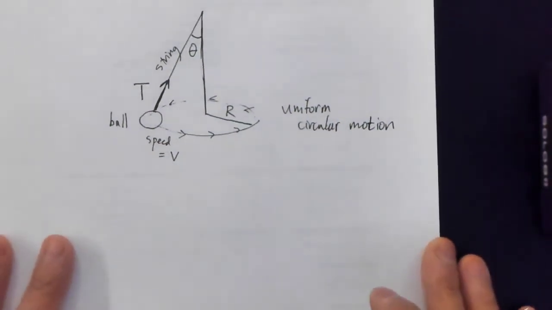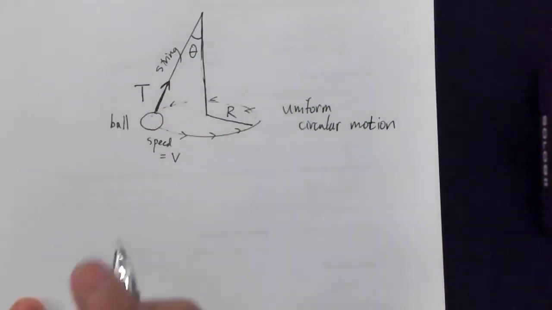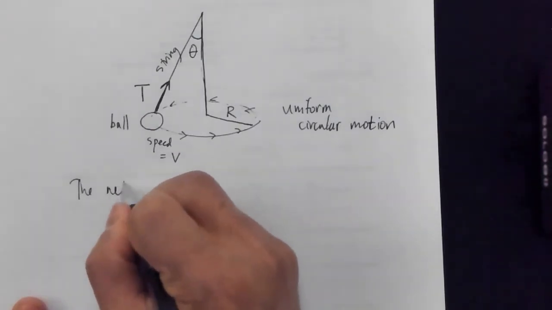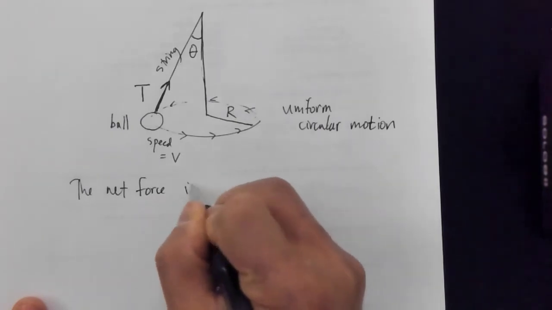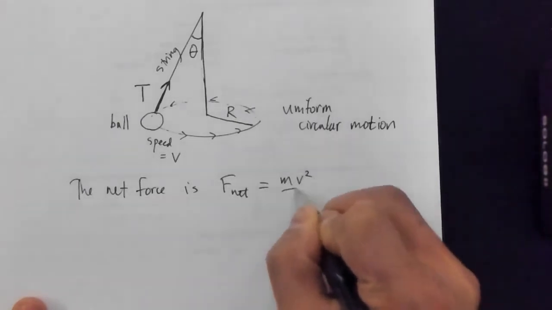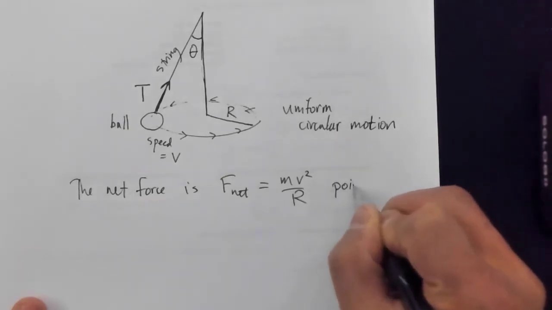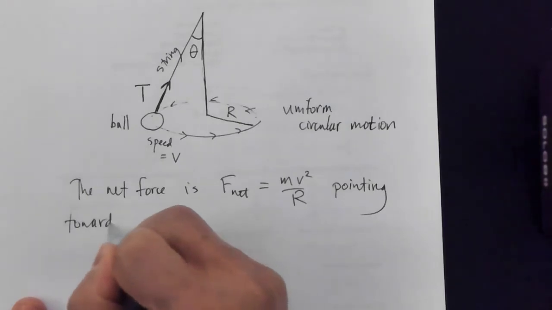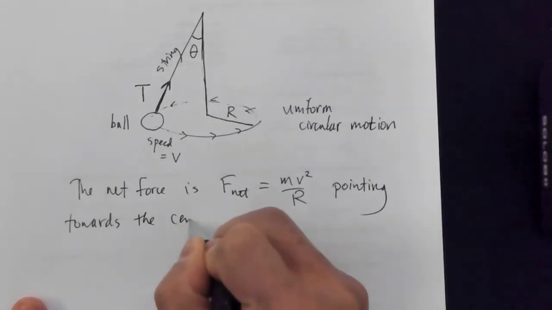So for this conical pendulum, because it's a uniform circular motion, we must have that the net force, F net, is equal to mv squared over r, pointing towards the center of the circle.